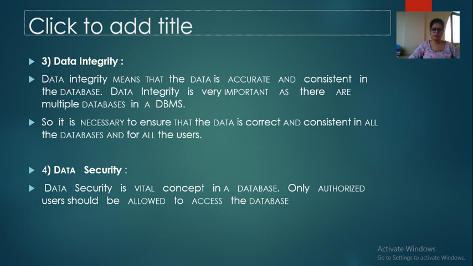So how is it possible? It is possible with the help of DBMS. So data security is a vital concept in a database. How can we secure our data? We can provide usernames and passwords, and again we can provide access to different users according to their jobs and according to their needs.